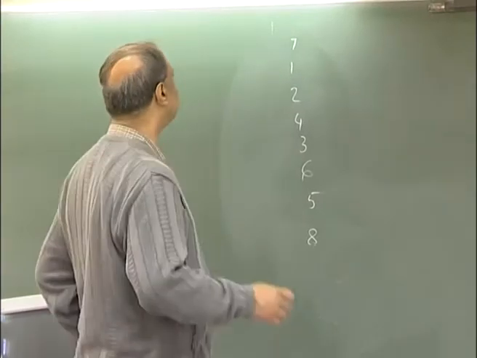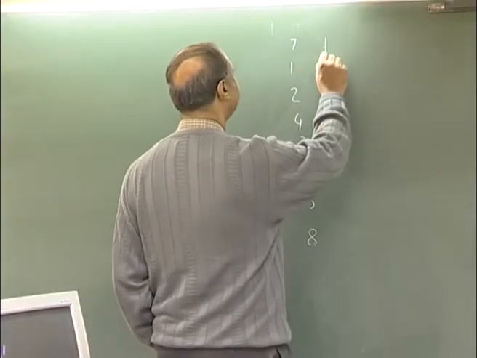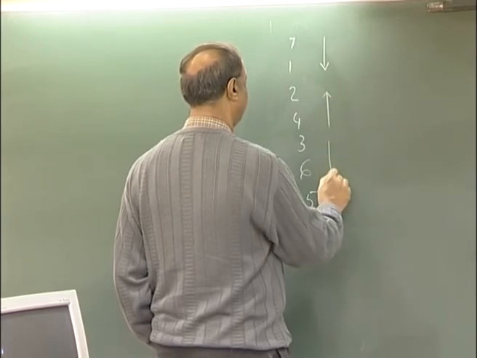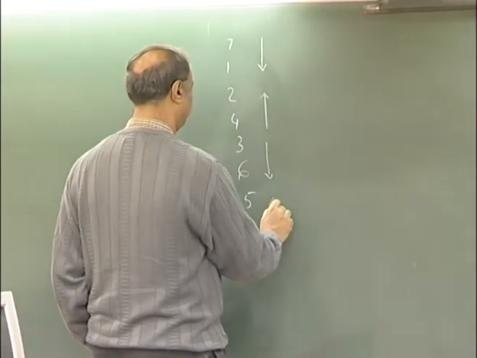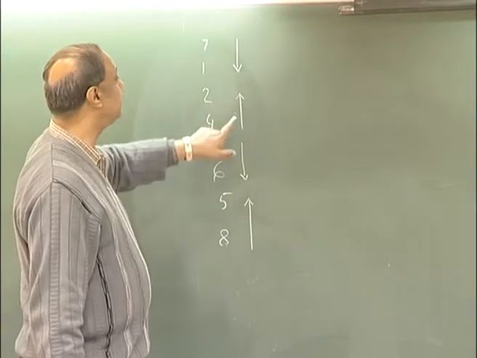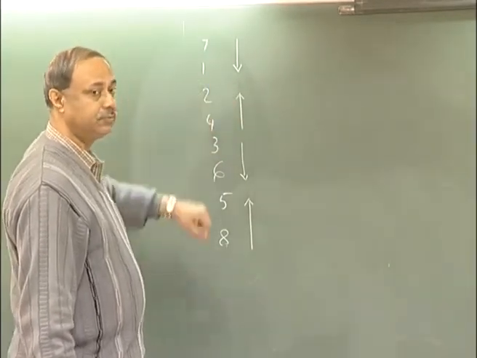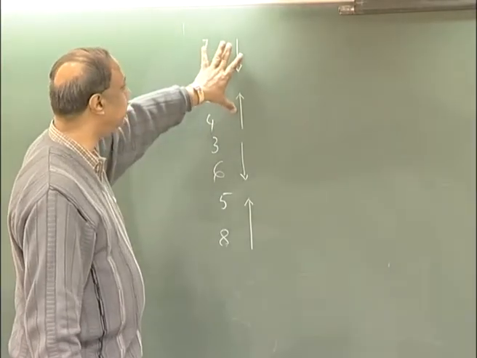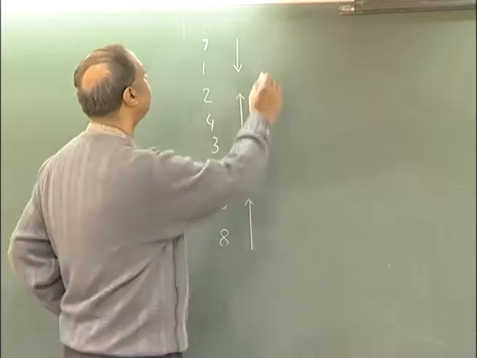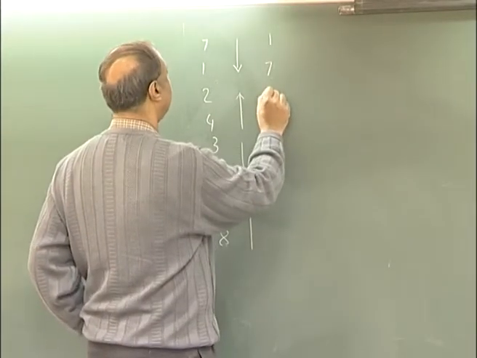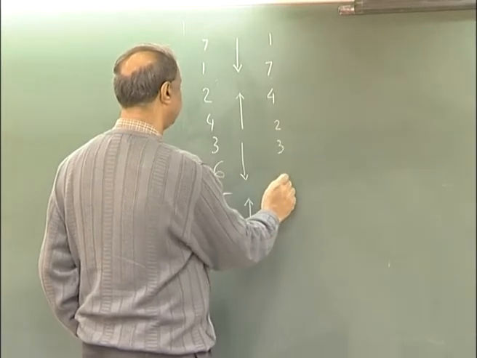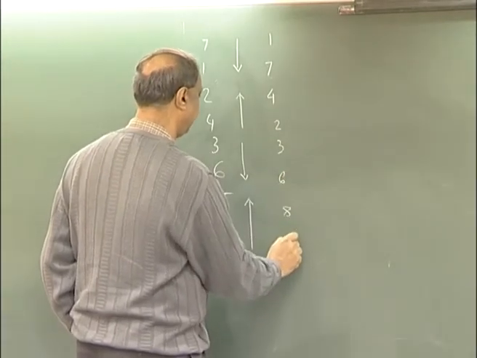So basically the idea is that this one you make an increasing sequence, this one you make a decreasing sequence, so that at the end of this, you get a bitonic sequence of larger size. So here you will be getting 1, 7, 4, 2, 3, 6, 8, 5.